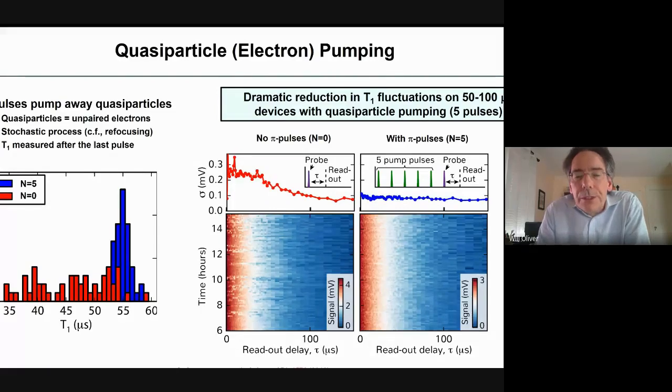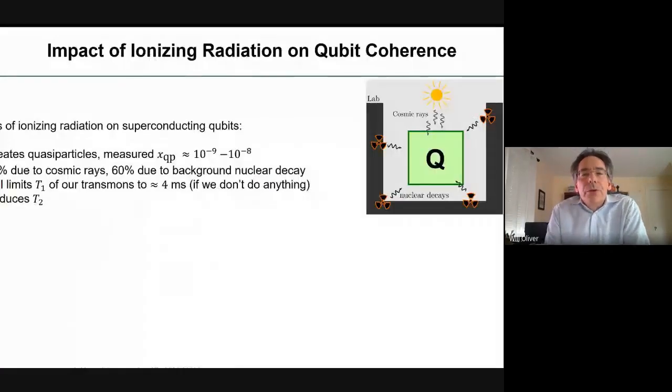Okay, that's good, we can do that, but of course the question is, why are they there in the first place? I won't go into detail, but we've recently measured one potential source of these quasi-particles, and that's ionizing radiation from cosmic rays from space, and of course nuclear decay.